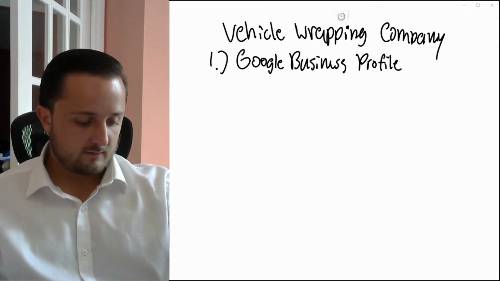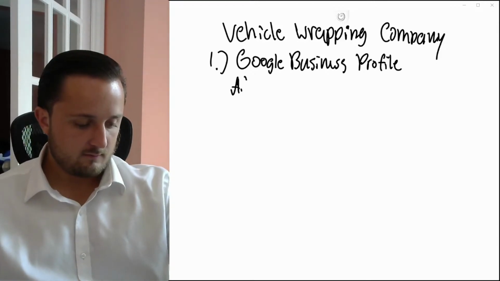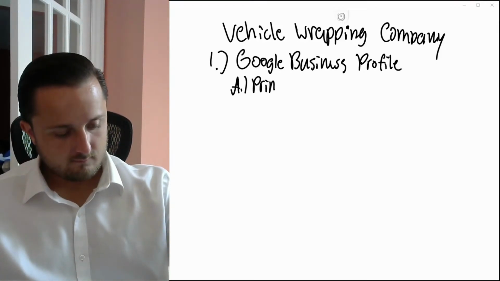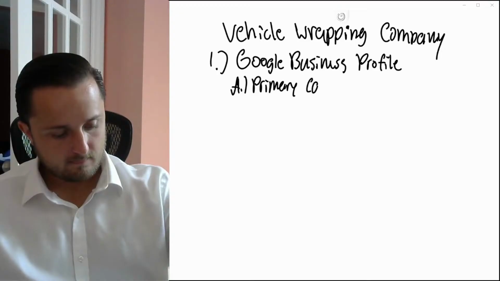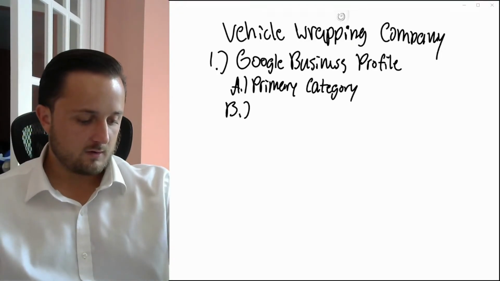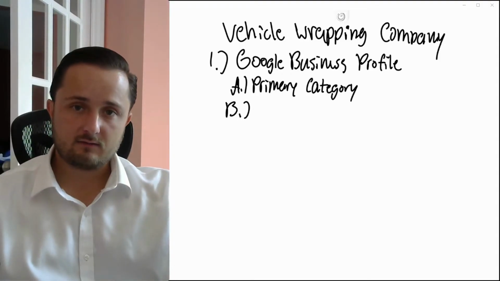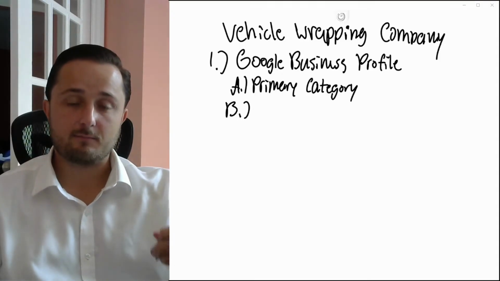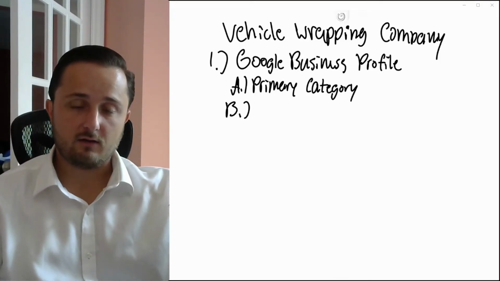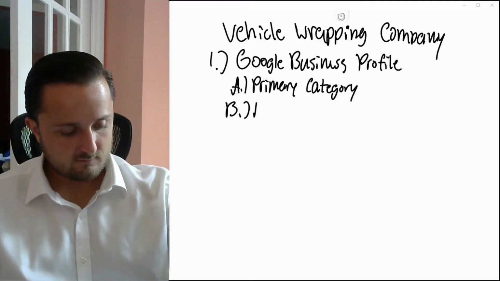For this, we're going to talk about the primary category. Then we're going to go into naming the Google Business Profile, or the name of the business displayed on the Google Business Profile.